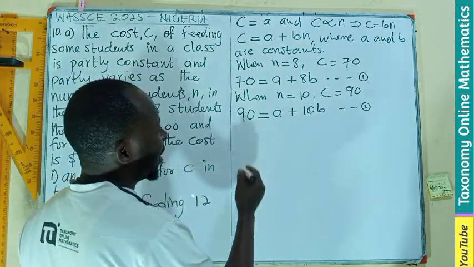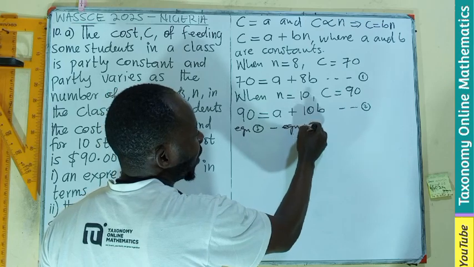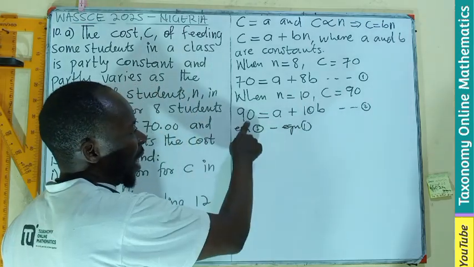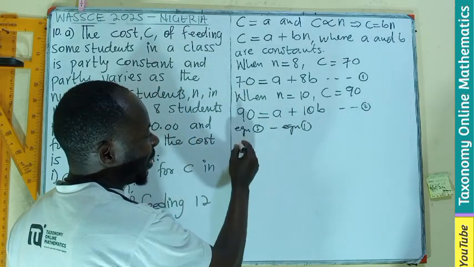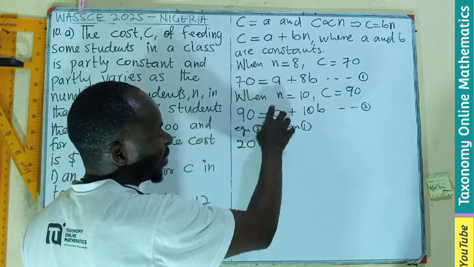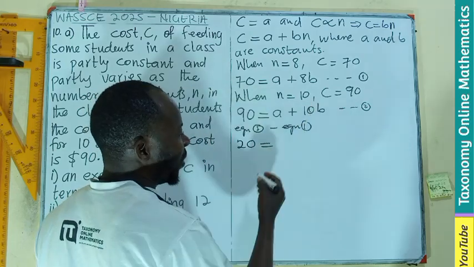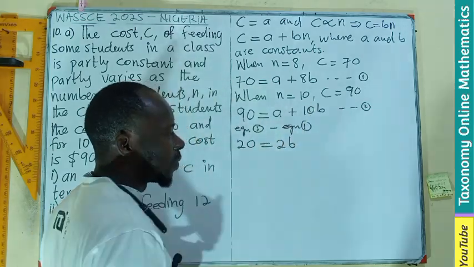So equation 2 minus equation 1, meaning 90 minus 70, that will give you 20, equals A minus A, that will give you 0. 10B minus 8B will give you 2B.